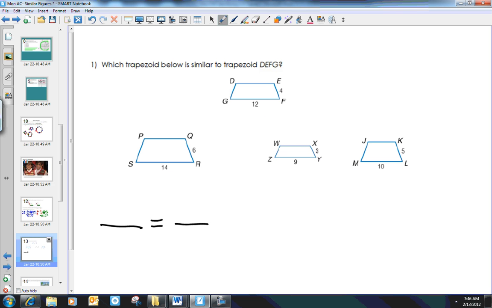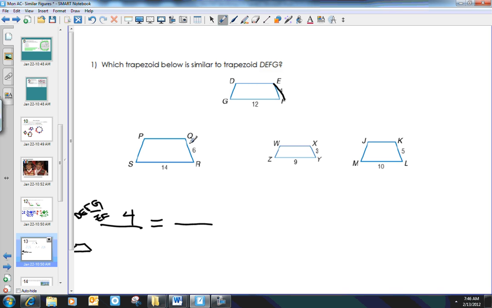So we are going to work with DEFG on the top, and we're going to do the other trapezoid on the bottom. Okay, so for DEFG, we've only got 2 sides to work with here. Let's do EF is 4.